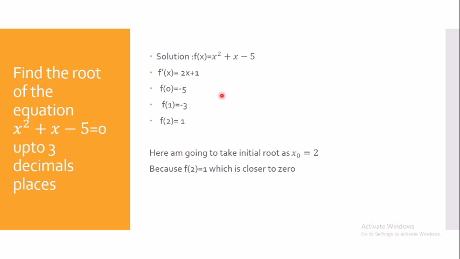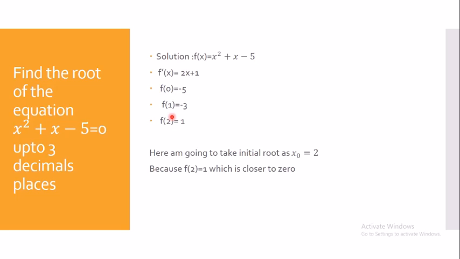Now you have to find out the initial root. So the initial root somewhere lies between two numbers. We do not know which are the two numbers, but to find out the two numbers we can adopt the method that we have done earlier. Just find out f of 0 first, and you will get a negative value.